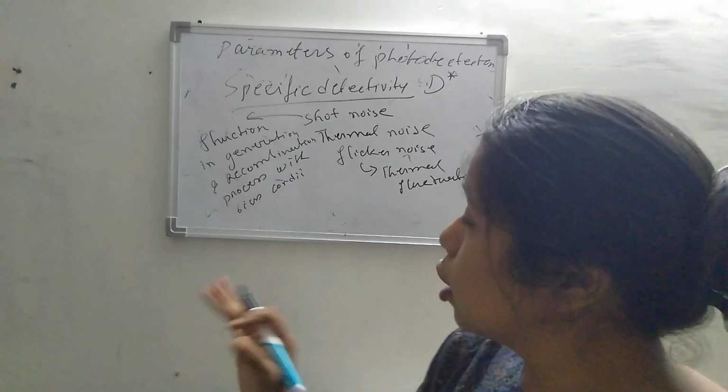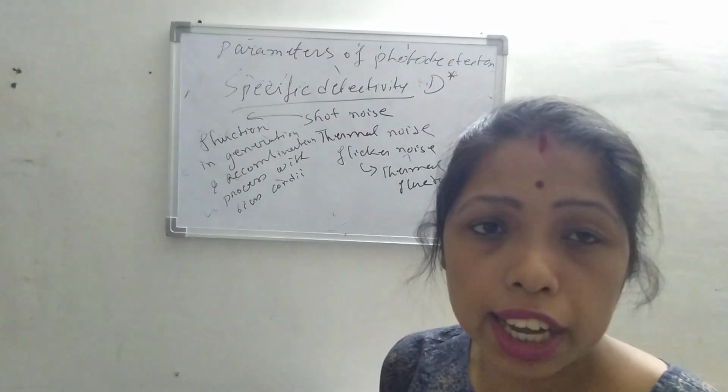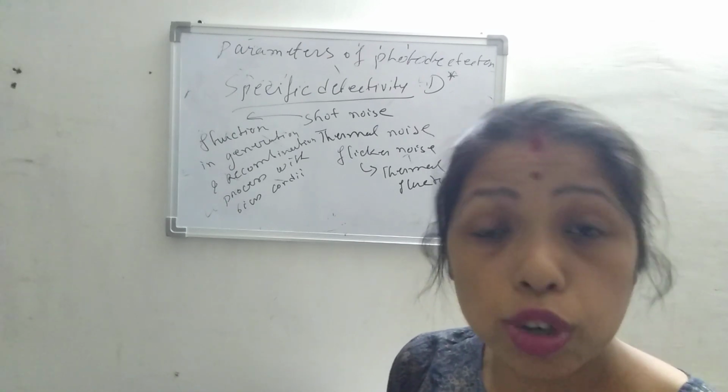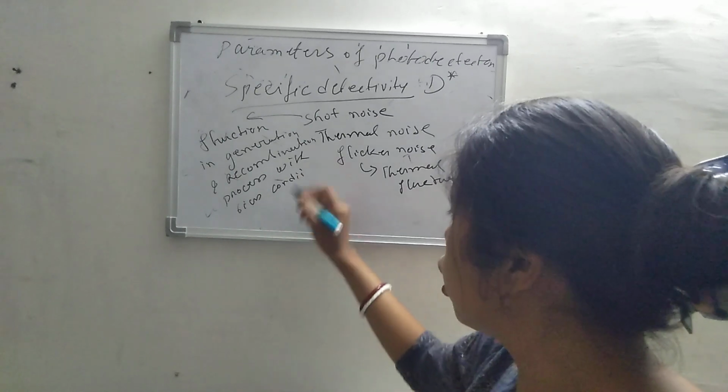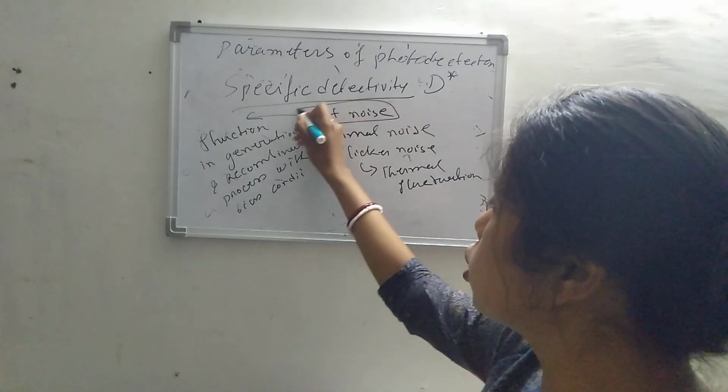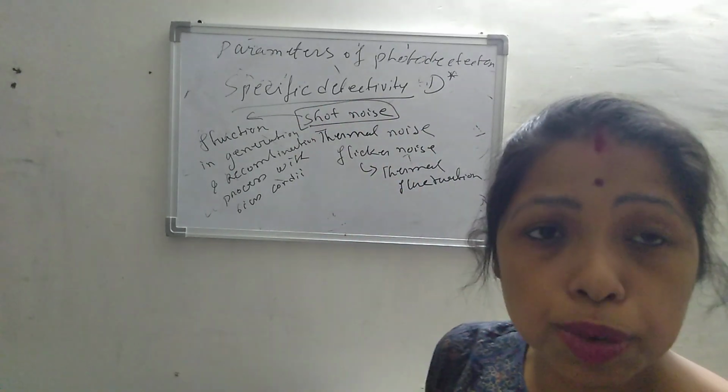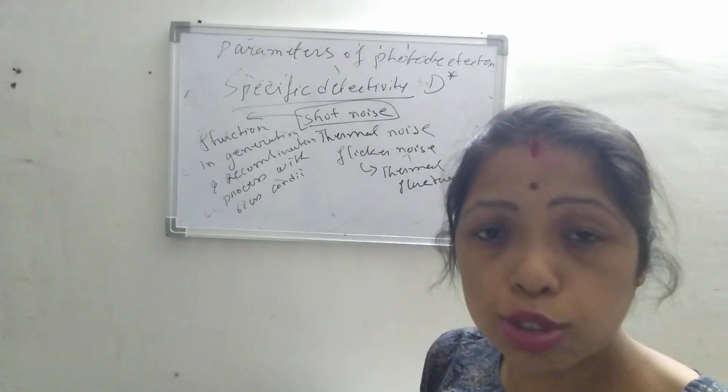So if any fluctuation is there in the generation and recombination process with the application of bias, you will get the shot noise. So how can you calculate the specific detectivity in the presence of shot noise?